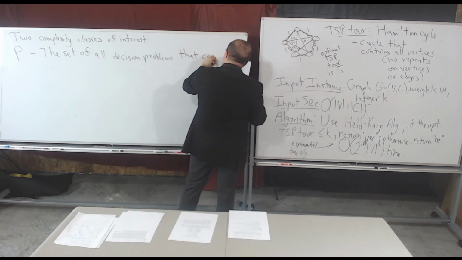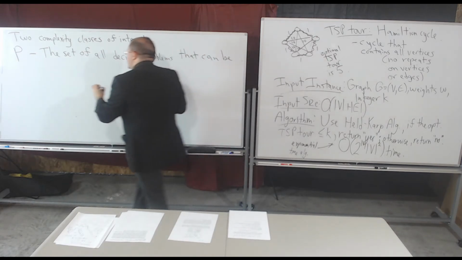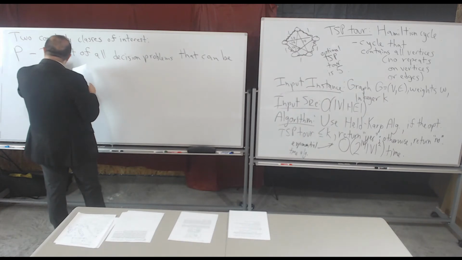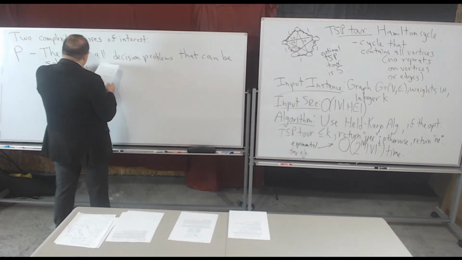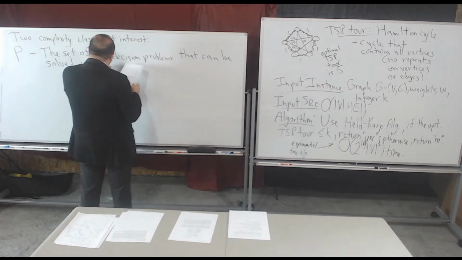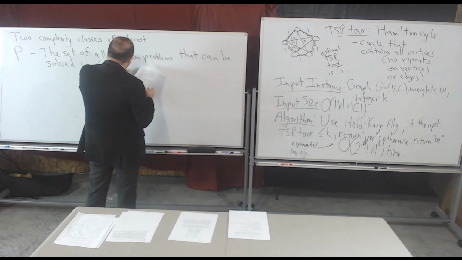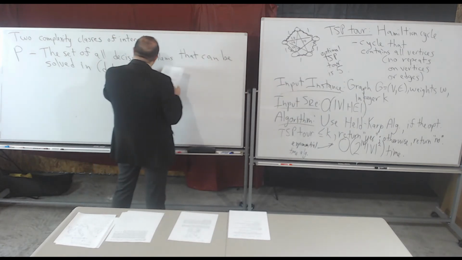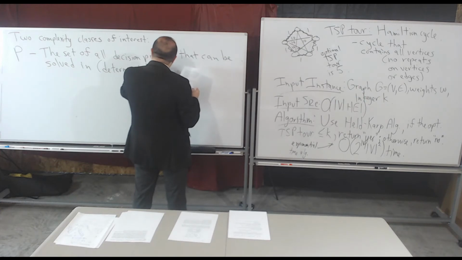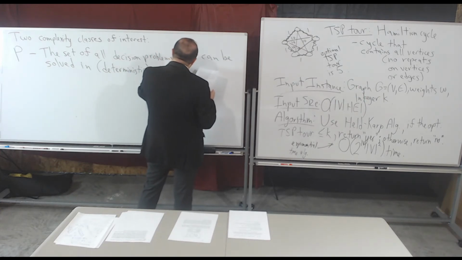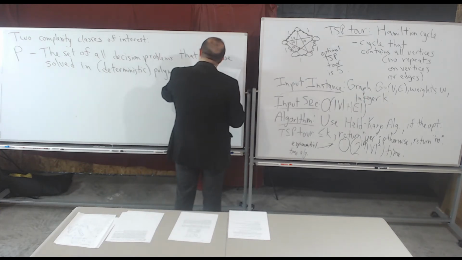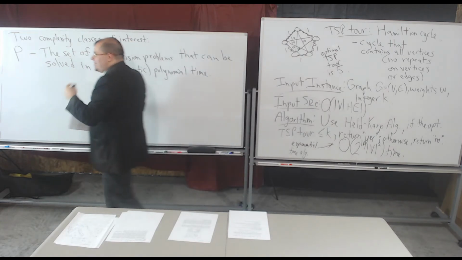that can be solved. You're going to guess it because it's a P there. Can be solved in, and I'll put in parentheses, deterministic polynomial time. So the P makes this really intuitive.